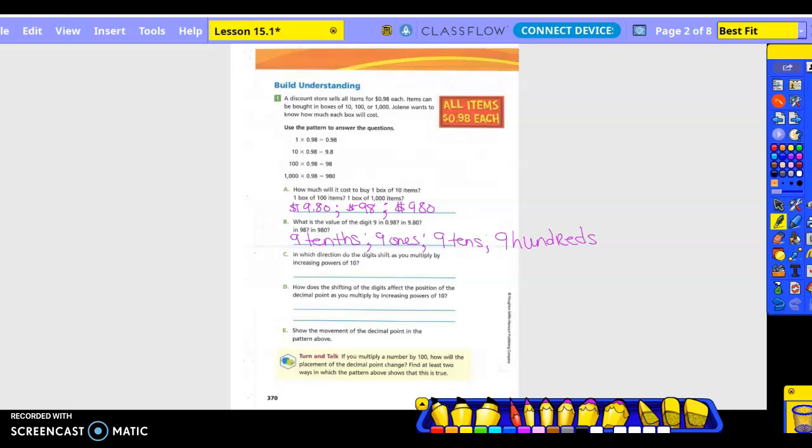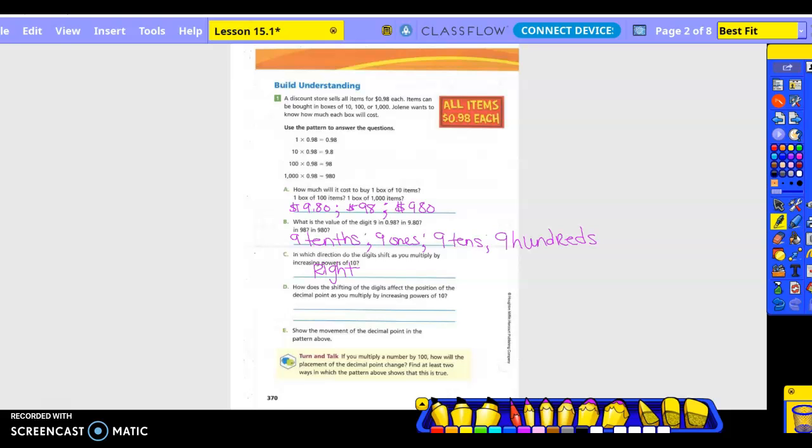In which direction do the digits shift as you multiply by increasing powers of 10? So which way do we move? To the right. How does the shifting of the digits affect the position of the decimal point as you multiply by increasing powers of 10?